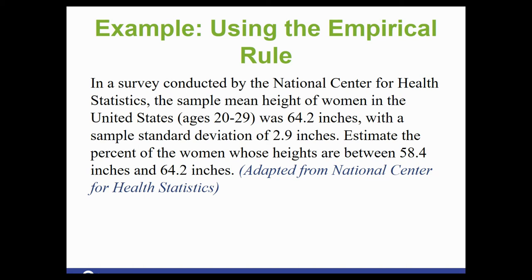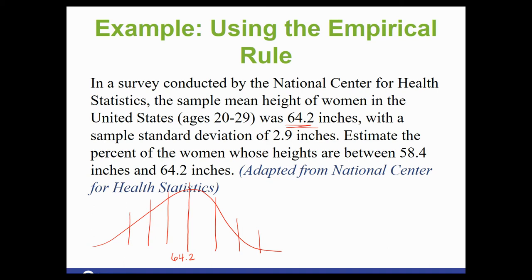Estimate the percent of the women whose heights are between 58.4 inches and 64.2 inches. So what we want to do is make our own little sketch of that normal curve, where we start in the middle with the mean, 64.2. Now we can sketch this out fully with 3 standard deviations to the right, 3 standard deviations to the left.